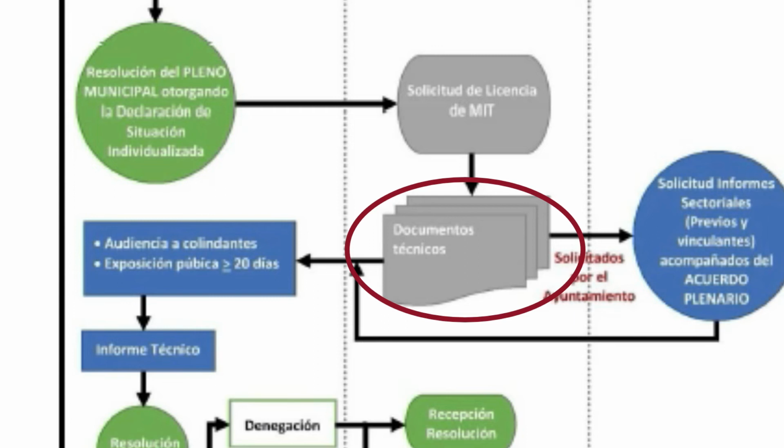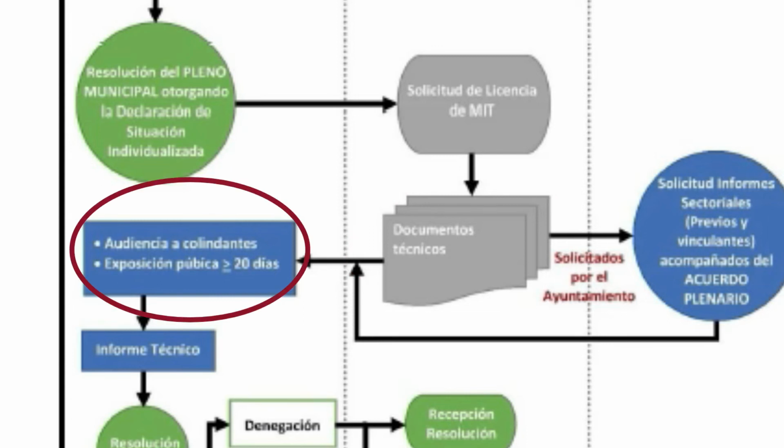Once your technical report is prepared, then you present that to the council with your application form and some other documentation, proof of meeting the criteria. So if the sectorial reports need to be requested, they get requested.